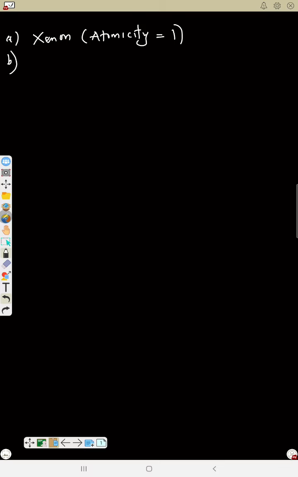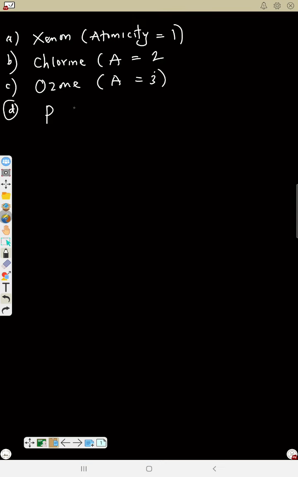B. Chlorine. Atomicity equals to, let me use A for atomicity, atomicity equals to 2. C. Ozone. Atomicity equals to 3. D. Phosphorus. Atomicity equals to 4.